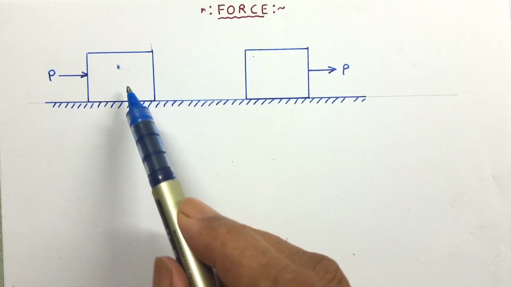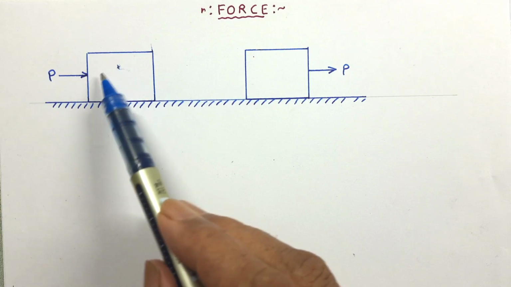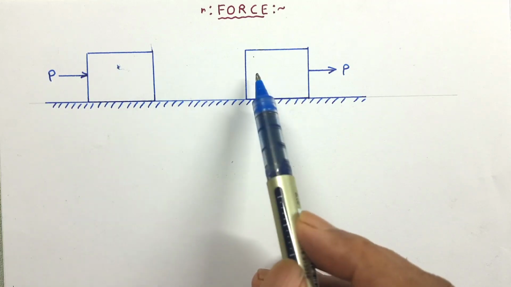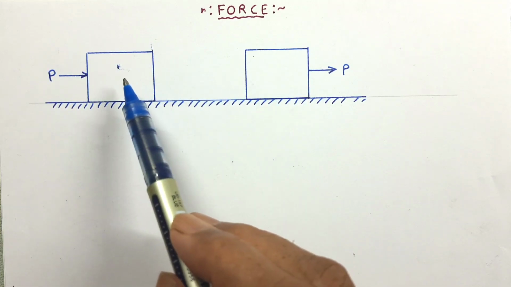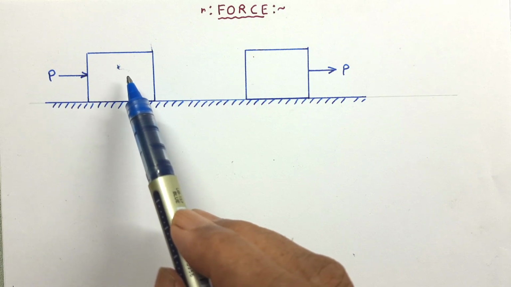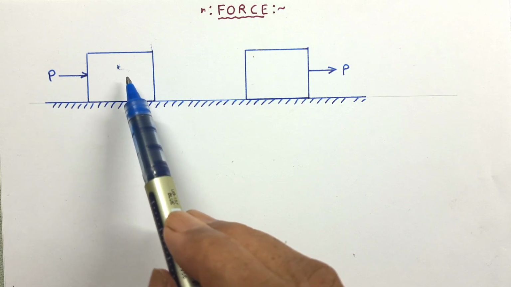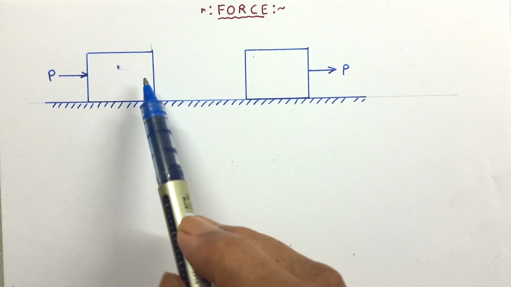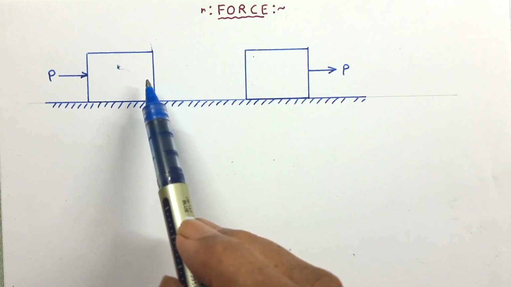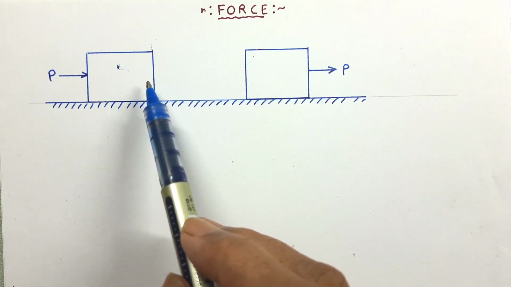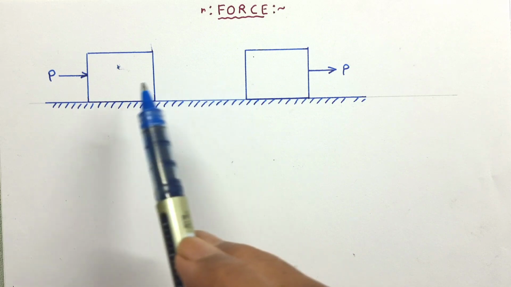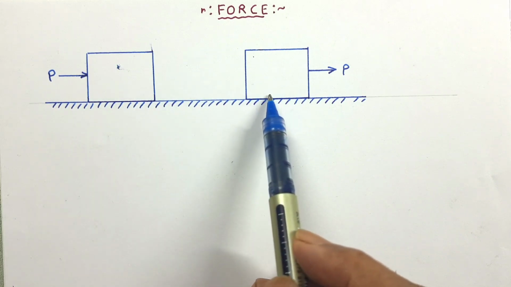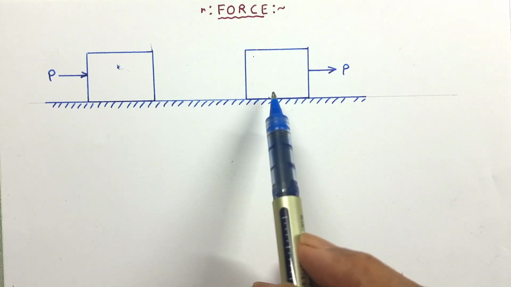In other words, we can say if any object is in motion, and external energy is applied which stops the motion of this particular body, then this external agent which produces or tends to produce, or destroys or tends to destroy the motion in the body, that is called force.